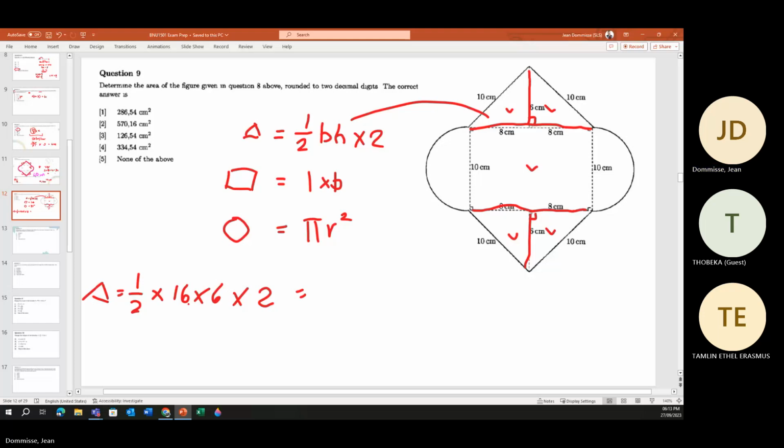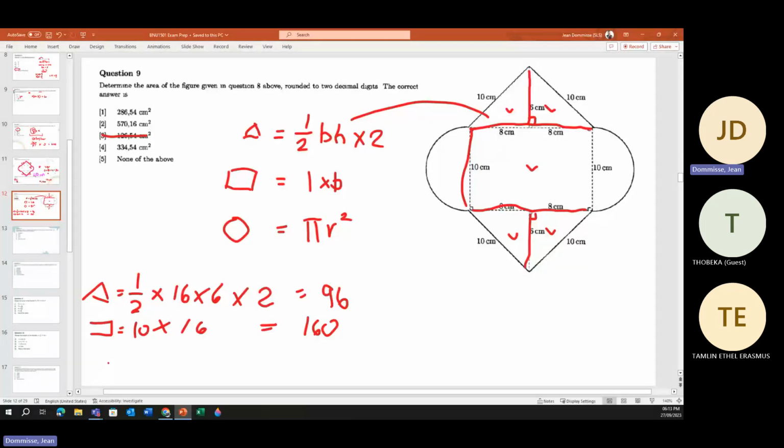Then for the rectangle, we've got 10 times 16, which will give us 160. See, that is about 250. So that answer is already not part of it.